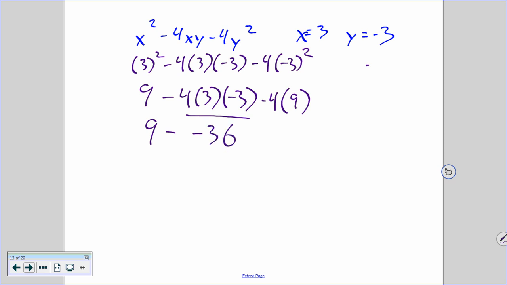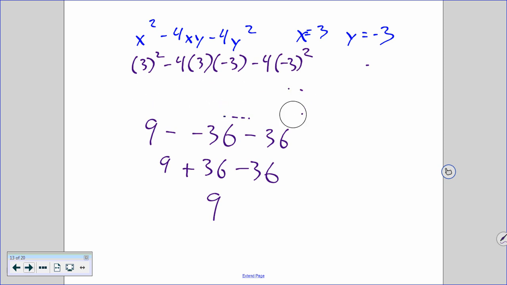And minus 4 times 9 is also -36. Okay, so this is 9 plus 36 minus 36. Well, that's just 9. I took 9, added 36, and subtracted 36 just to get right back to where I started. Alrighty.